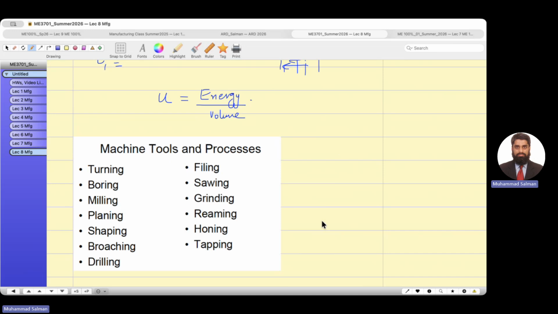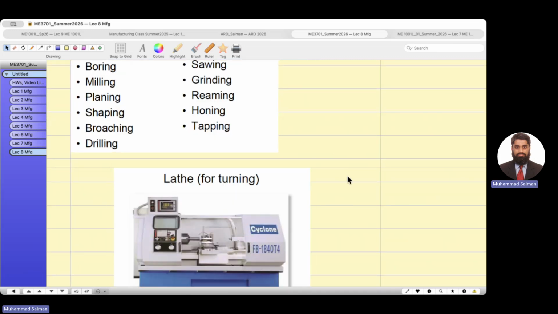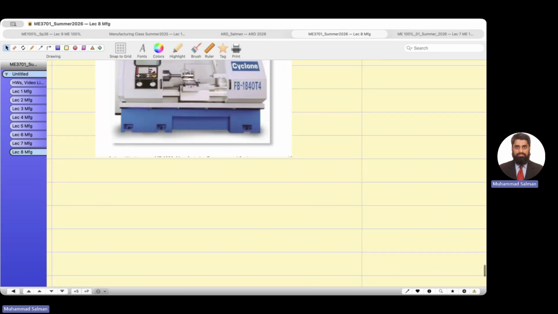But these are the general operations. We just have the lathe machine, but we don't have a computerized lathe machine at a small scale. We have the manual lathe machine at a small scale. So you will be performing these operations. This is a manual lathe.